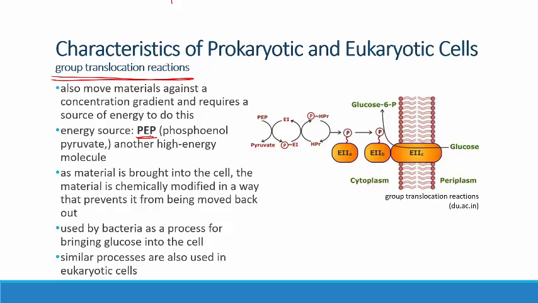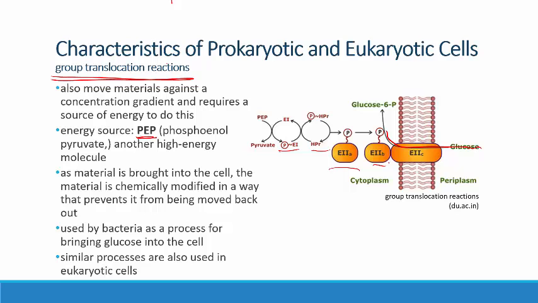So what happens with a group translocation reaction is that something like glucose is brought into the cell using this PEP energy, and there are several other steps. We're not going to worry too much about what those other steps require, but through a series of steps that involve several other proteins as well as some phosphate groups associated with those proteins, we're able to move glucose into the cell and at the same time change glucose so that it's no longer able to move back out again.